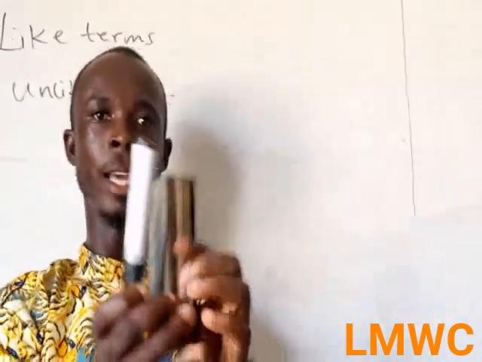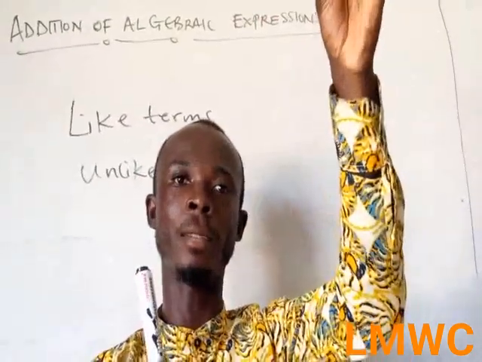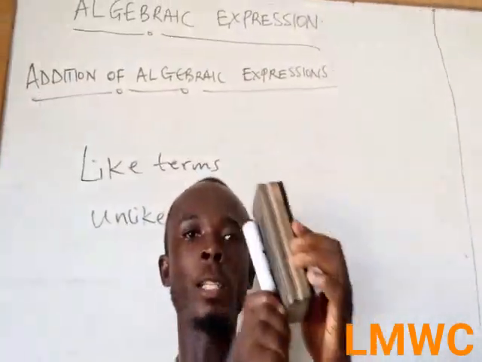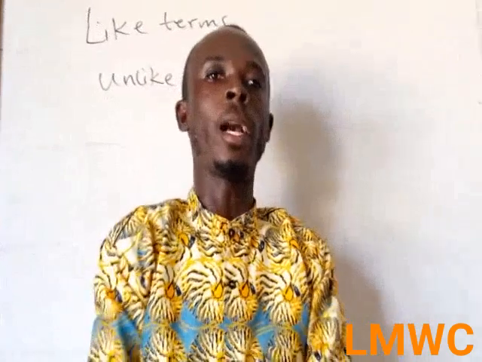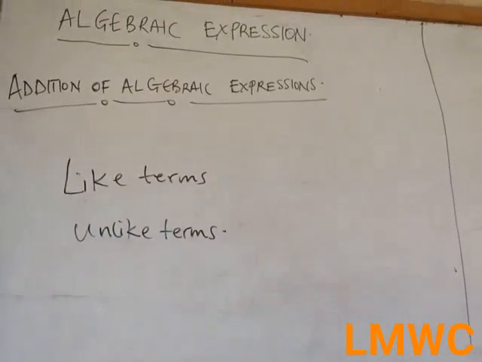But if I take this duster and marker, it's not a like term, because this is a duster and this is a marker. You can't add it. You can't combine cats with dogs. Take note, but we combine dogs with dogs and cats with cats. That's a like term.